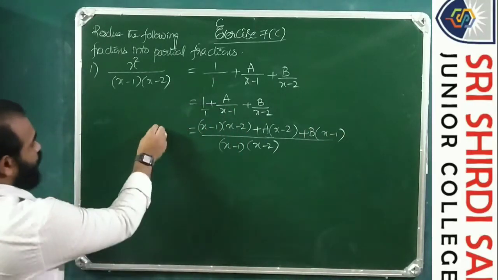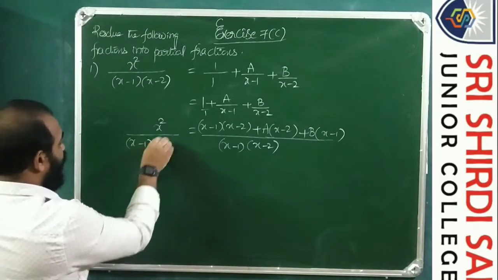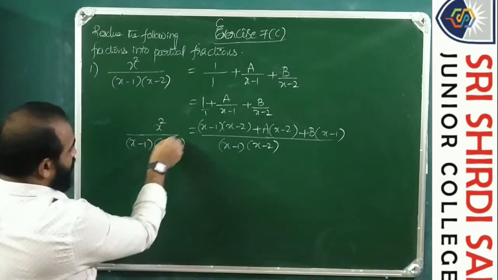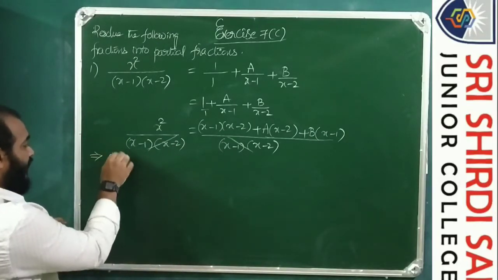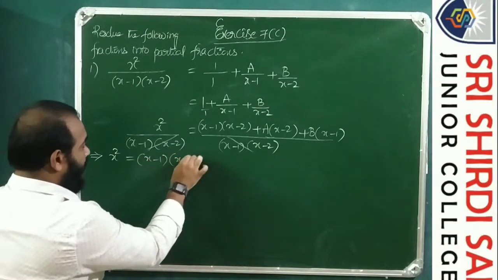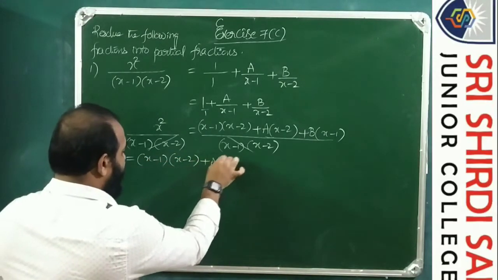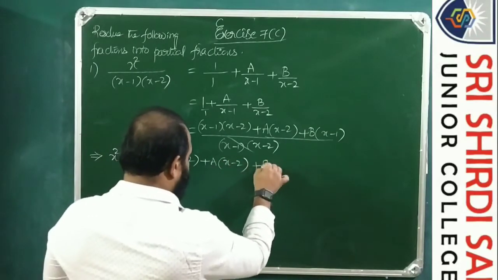So this is equal to x square by x minus 1 into x minus 2. These two get cancelled, so we are left with x square is equal to x minus 1 into x minus 2 plus A into x minus 2 plus B into x minus 1.